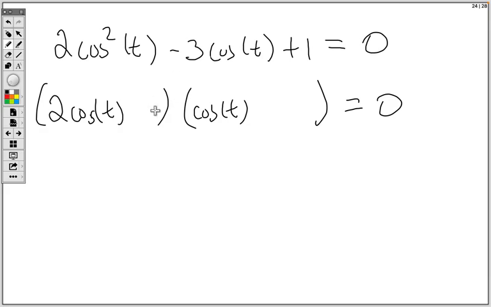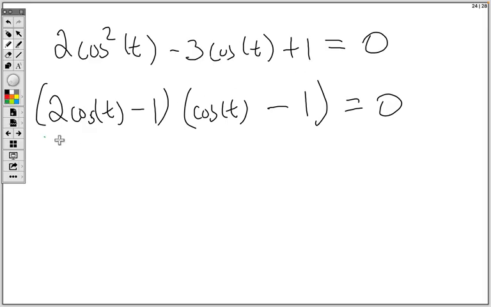Well, the only nice factors of 1 that are going to give negatives are negative 1 and negative 1. So let's just check. 2 cosine t times cosine t, that's my 2 cosine squared t. If I take a 2 cosine t times a negative 1, and then a negative 1 times a cosine t, sure enough I get to negative 3 cosine t. Negative 1 times negative 1, that's positive 1.